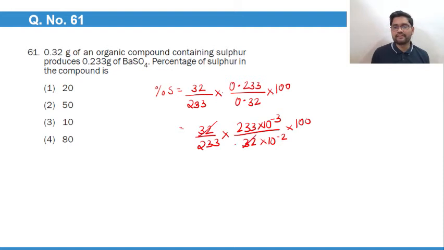So this gets cancelled, this gets cancelled. The 10 raised to minus 2 goes over there and becomes 10 raised to plus 2. So 10 raised to plus 4 into 10 raised to minus 3 is equal to 10. So we'll go with option number 3.